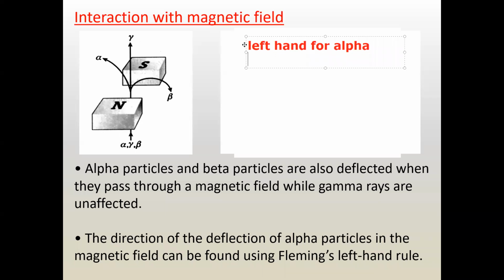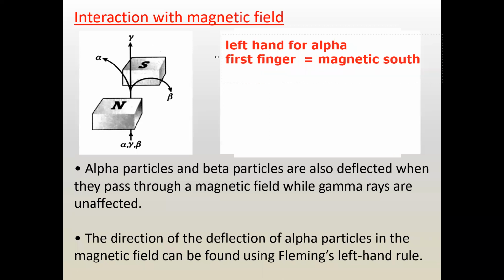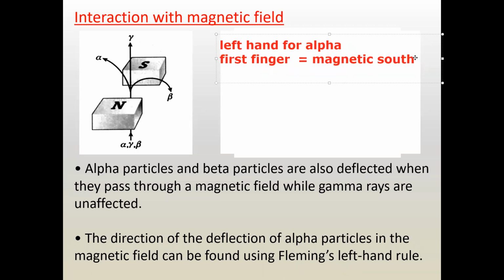The first finger, your index finger, should point towards the south. The index finger, the first finger, simply represents the magnetic field.